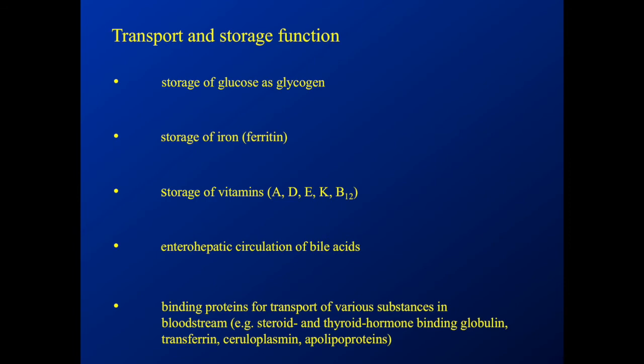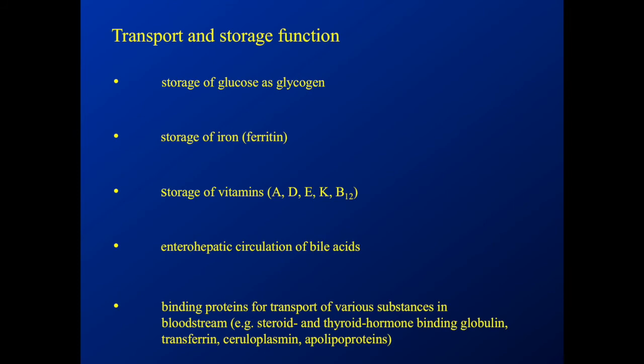And then it also is a very important place for the storage of iron being used for many things in the body. Your hemoglobin needs iron, but also your electron transport chain in your mitochondria needs iron, and a large portion of this is stored in the liver. Then it stores many of the vitamins we need. Vitamin A, D, E, K, and B are listed here.